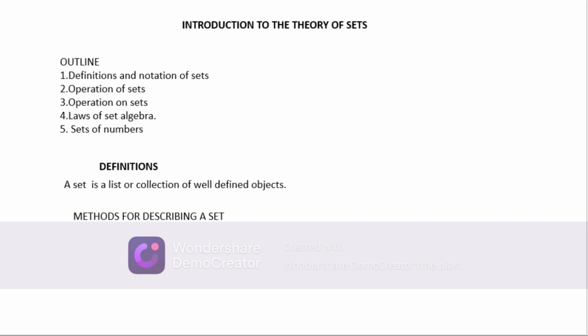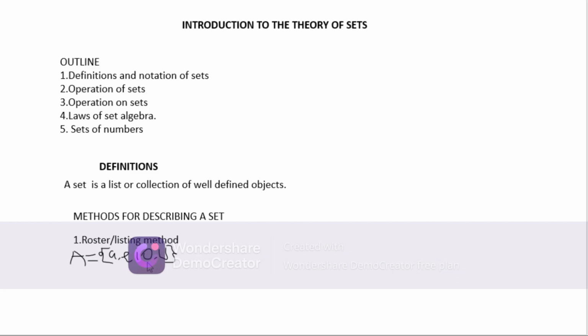This is the normal method whereby we say, for example, set A is equal to the elements listed there. As you can see, we are just listing them.